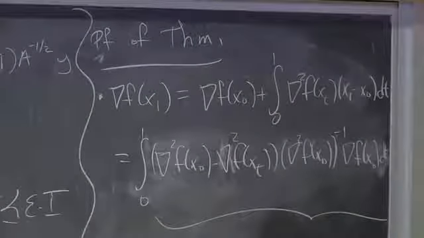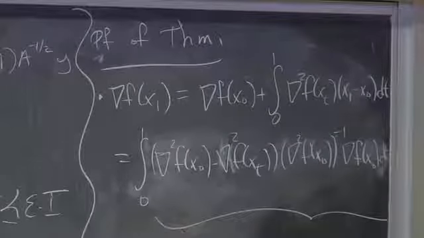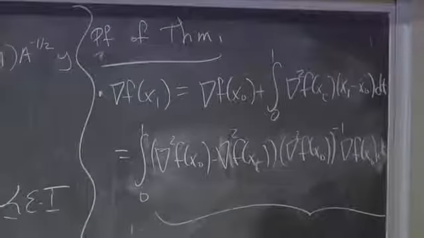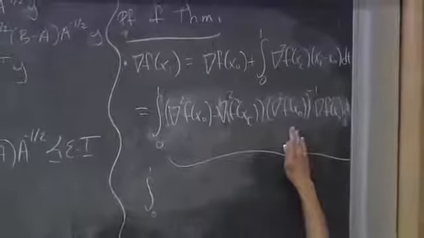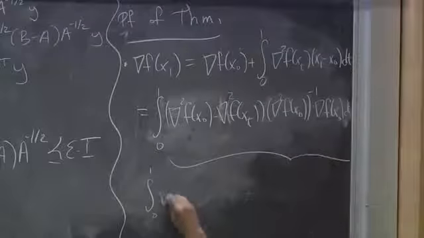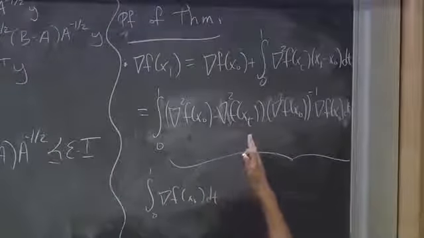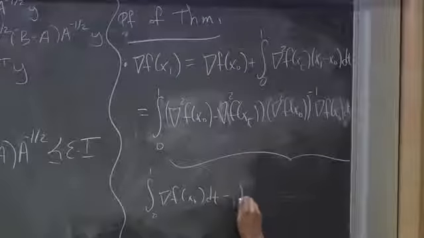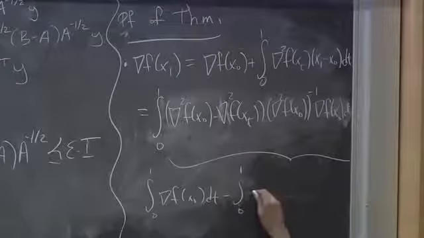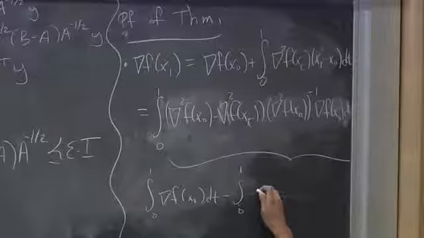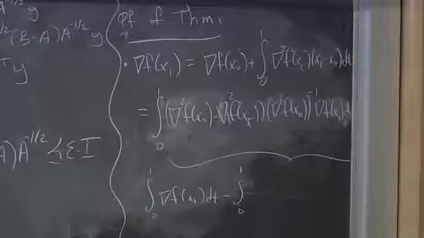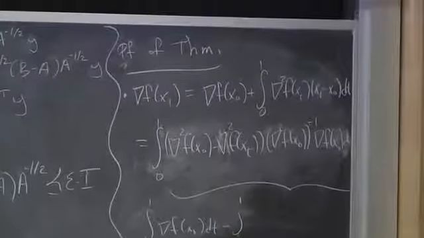So this is the integral from 0 to 1 of, so there's that inverse, of the gradient. So that just gives you back that. And then there's minus the integral from 0 to 1 of... Oh, I see.